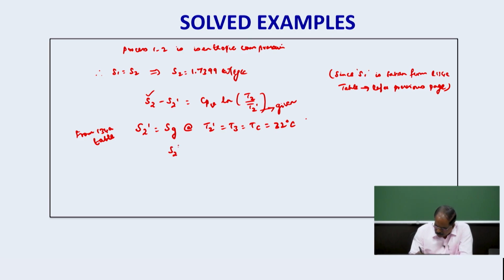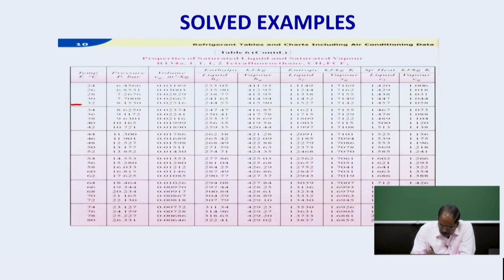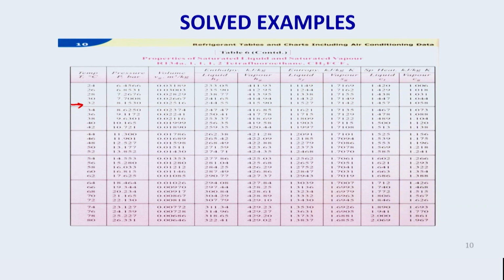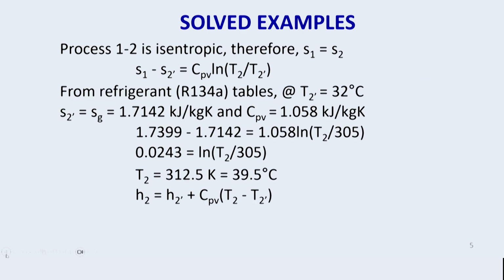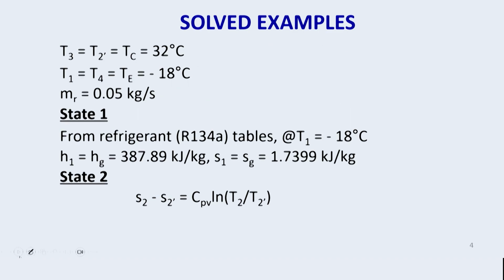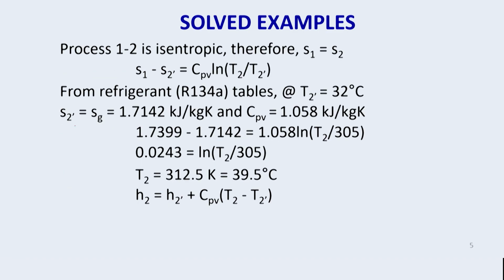You can read this value from the table. This is 32 degrees centigrade, Sg value is 1.7142 kilojoule per kg Kelvin. This is the value which we have taken from the table.